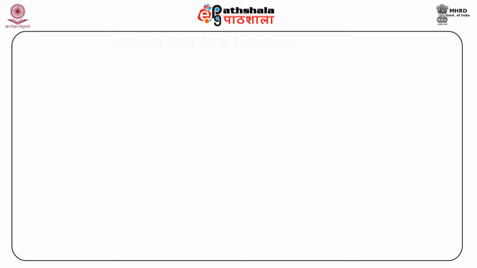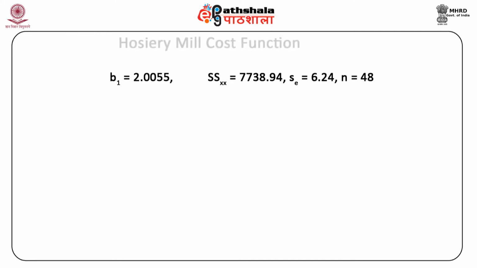We have another example of Hosiery Mill's cost function. Suppose similarly we have B1 equal to 2.0055 and SSXX is 7738.94 and SE is equal to 6.24 and n is equal to 48.